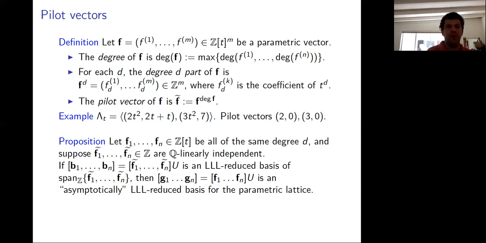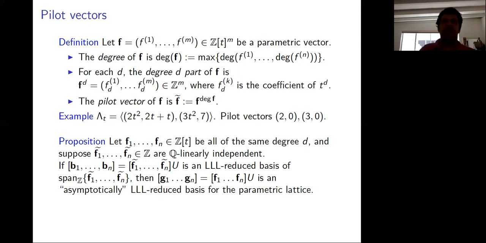And that almost works because we're doing it on the highest order. We get something which we call asymptotically LLL reduced. But there are some hypotheses here. This only works if my polynomial vectors are all of the same degree and if the pilot vectors are linearly independent over Q.